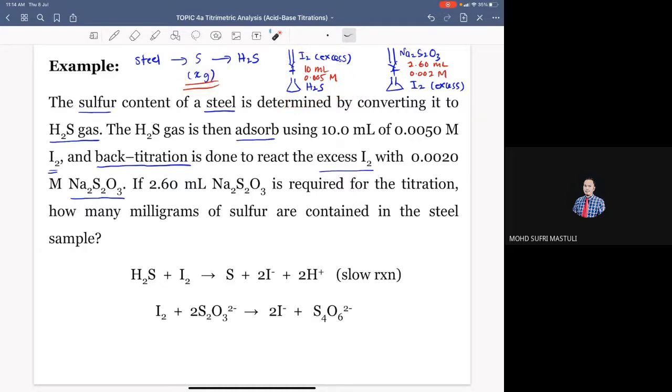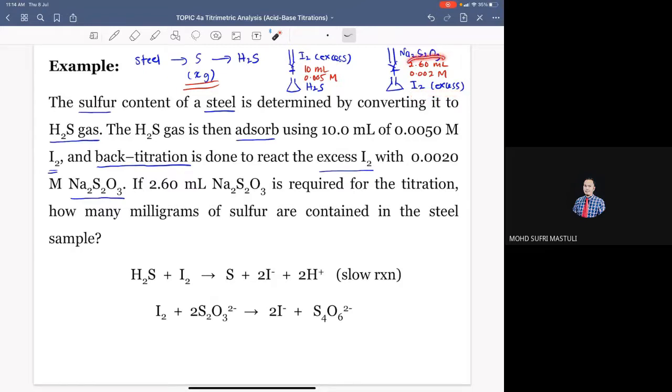So we have to calculate the mole between I2 and H2S, but we cannot use it directly because it is in excess. So we have to determine the real I2, the mole of real I2.